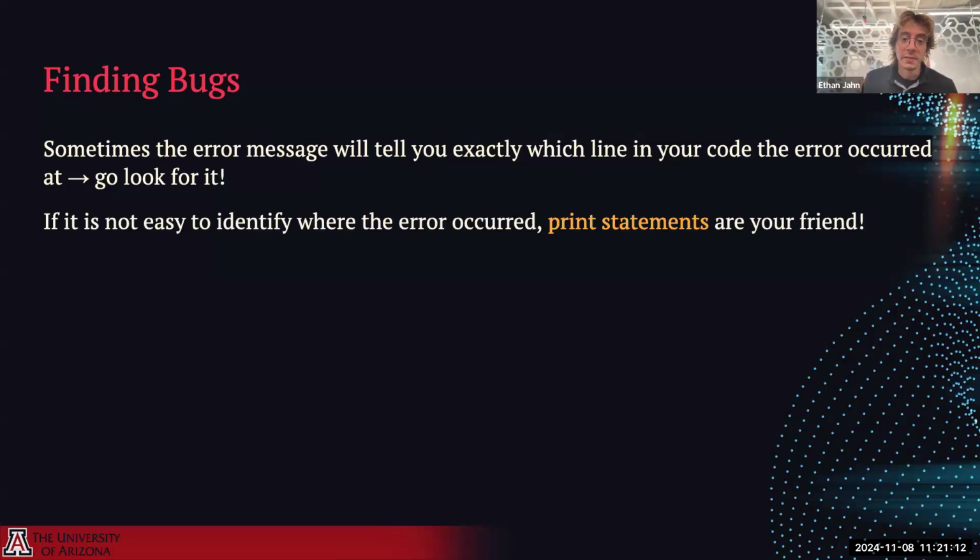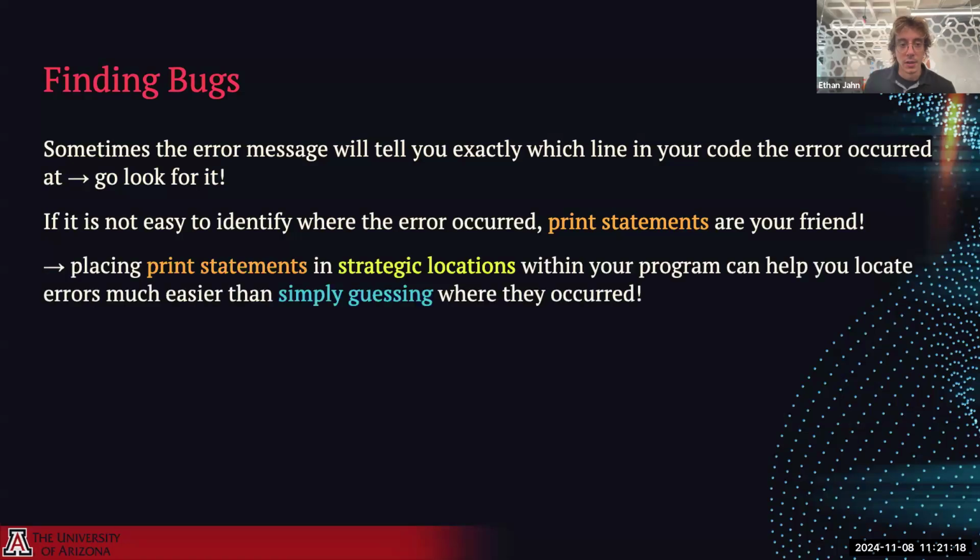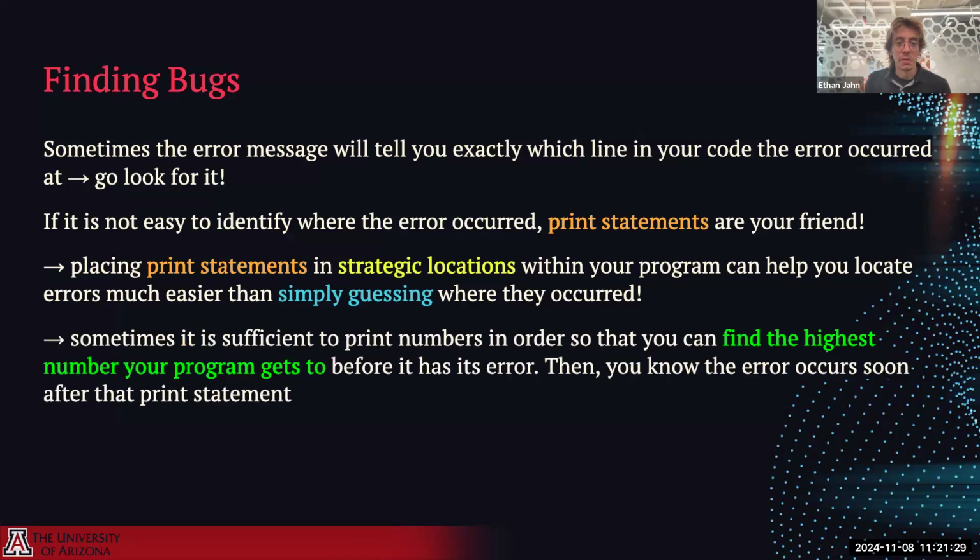If it's not easy to identify where exactly the error in your code occurred, print statements are definitely your friend. Placing print statements in strategic locations within your program can help you locate errors a lot easier than simply guessing where they occurred. This can look like printing out numbers in order, like 1, 2, 3, 4, 5.